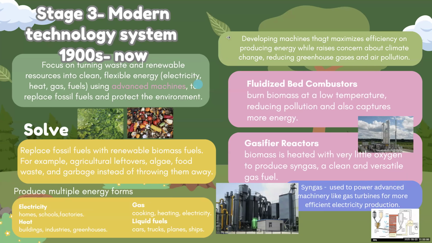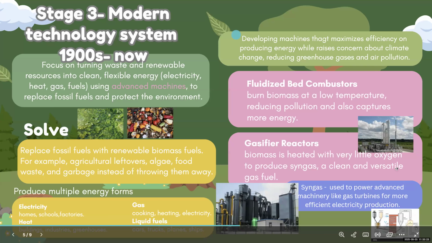We also develop machines that maximize efficiency in producing energy while reducing greenhouse gases and air pollution. And this is an example of the machines that help reduce pollution and also capture more energy. That's all.